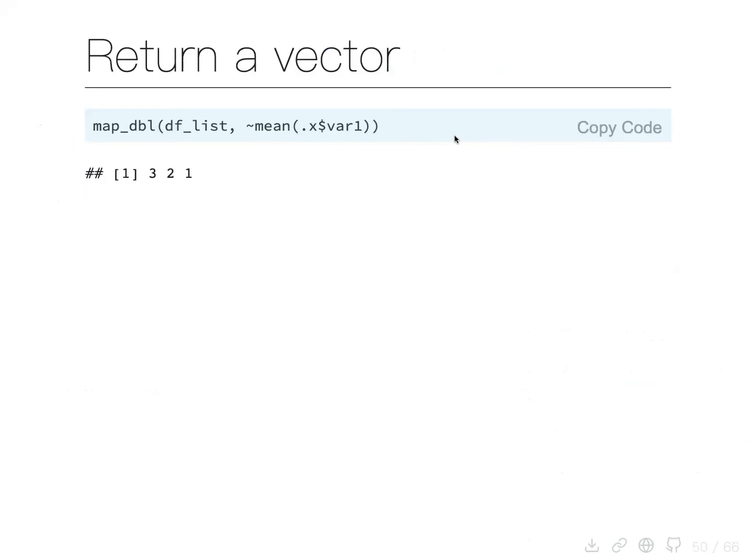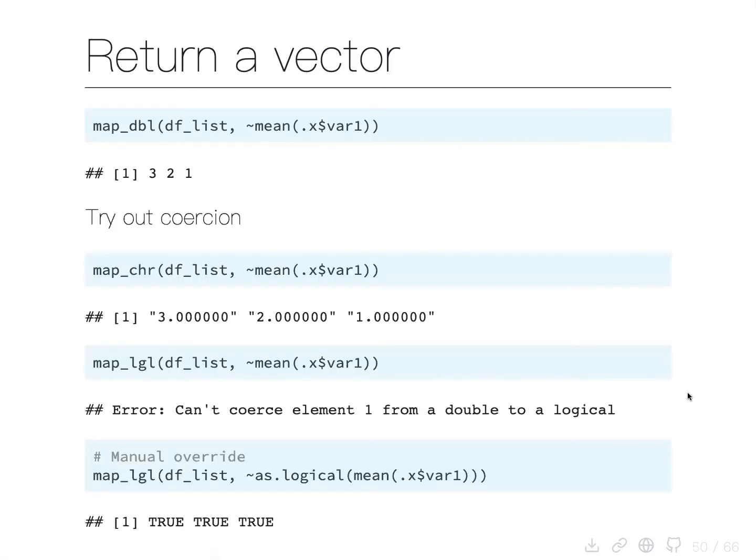If we wanted to return a vector instead, all we have to do is, instead of using map, we would use map underscore double. Or in this case, actually map underscore int would work too, because usually a mean is going to be of type double, but in this case, they're also integers. So that would be fine as well. We could try out coercion if we wanted to. So I can call map character, map logical.